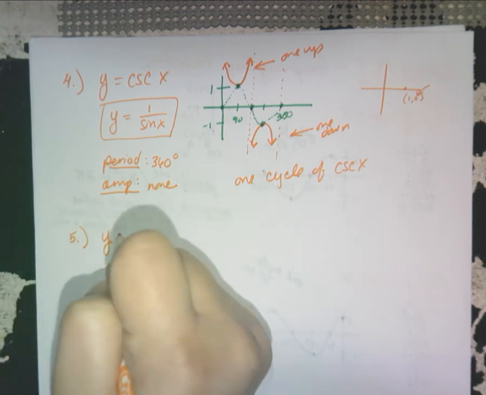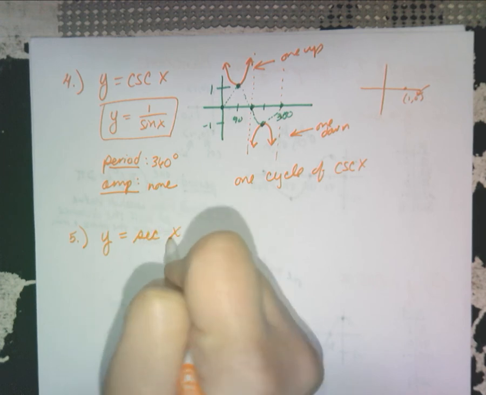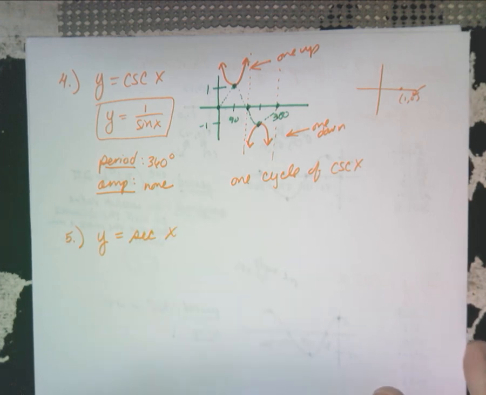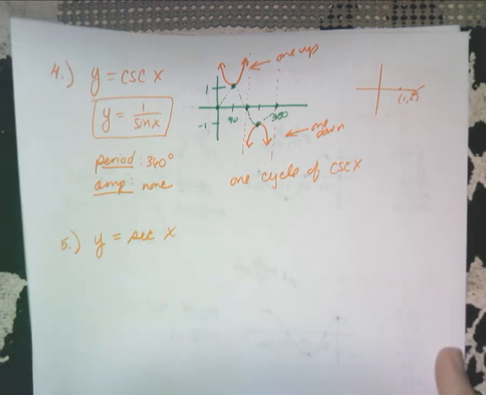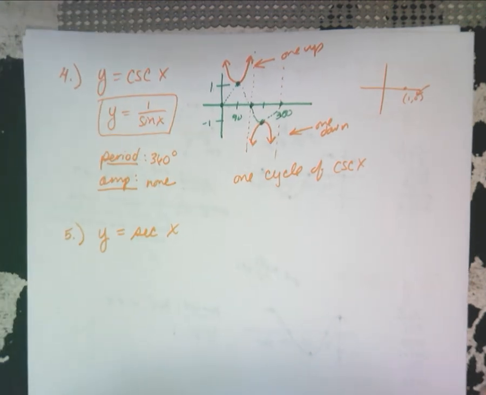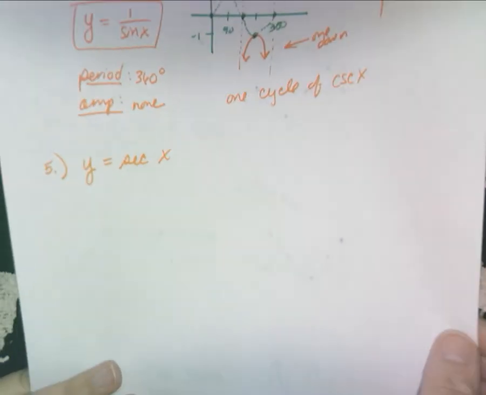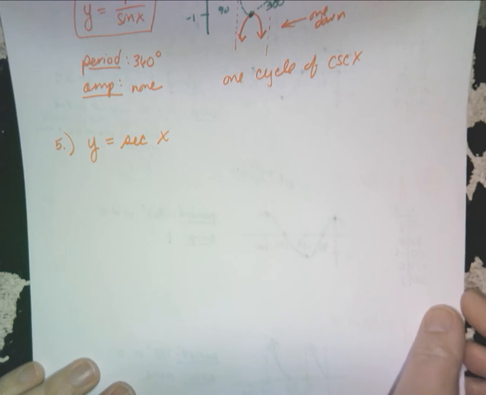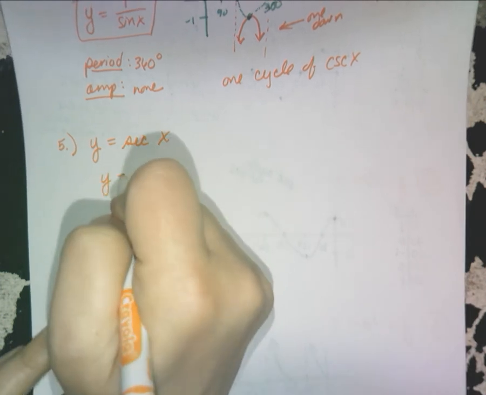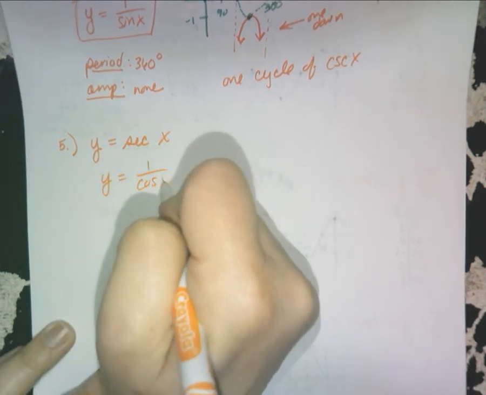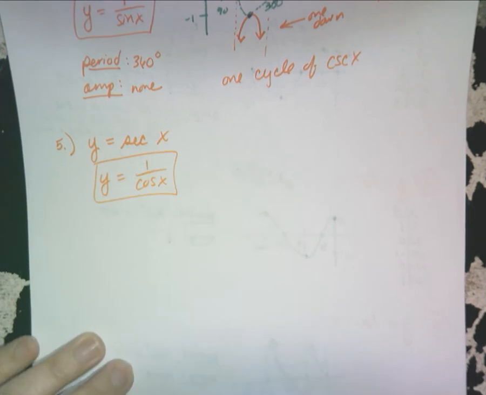Moving on, number 5. Secant x. Yes, Liam? What was the amplitude of interval 3? None. Secant, what's its reciprocal? So 1 over cosine would be what you would have to type into your calculator.